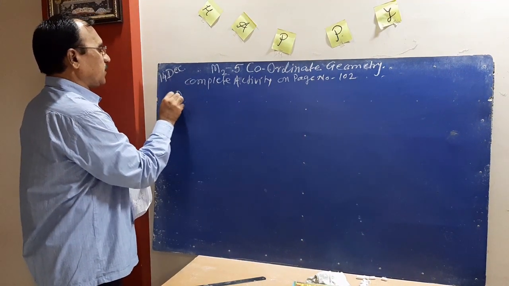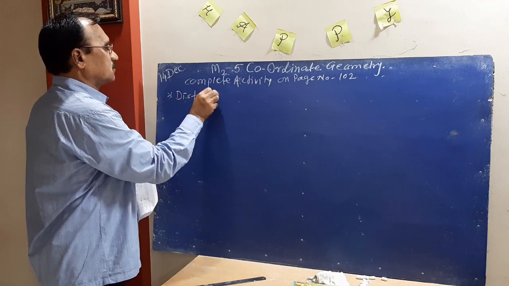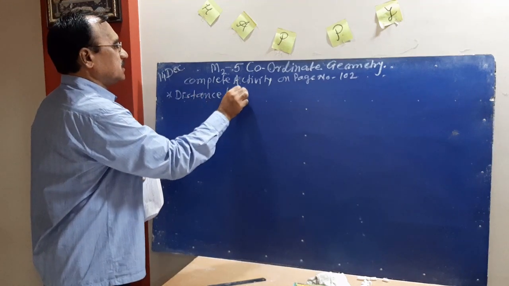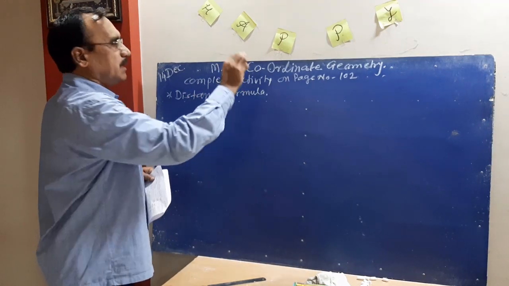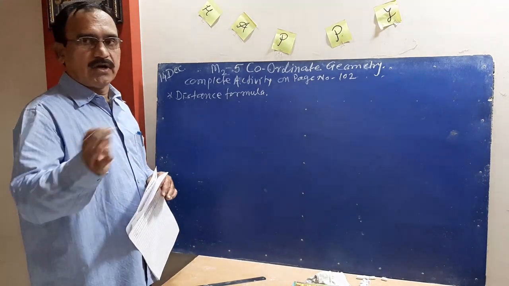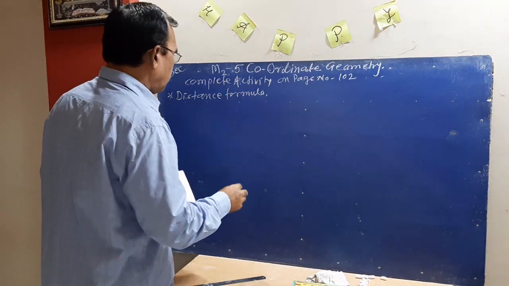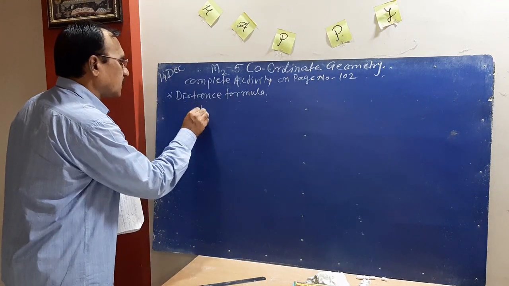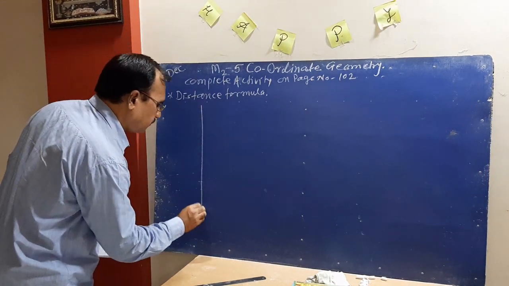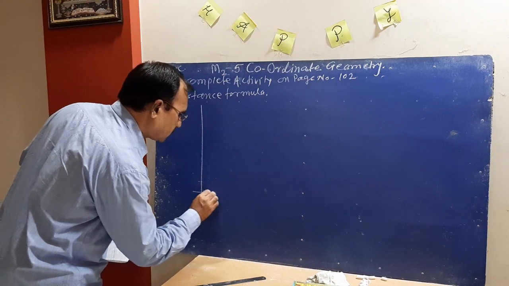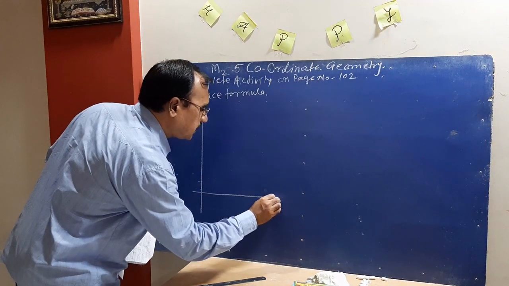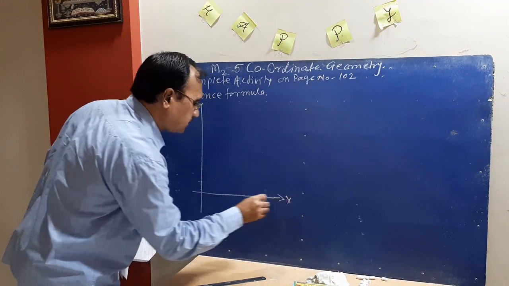And then our next point is the distance formula if the points are not on the x or y axis. This is very important. See carefully what I am doing here.